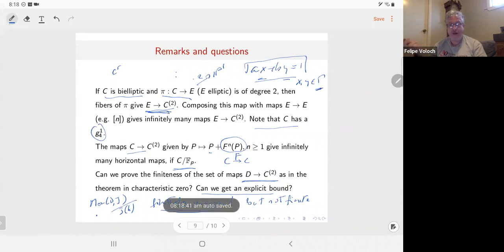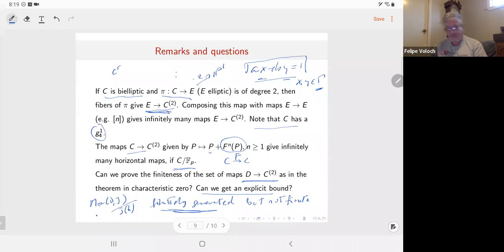So gamma is a finitely generated group, so it has a rank r, and you can bound the number of solutions of these equations by some exponential function of r with a fixed base. This has been proved in characteristic 0 by Evertse and Schlickewei, about 30, 40 years ago. But this was only characteristic 0.